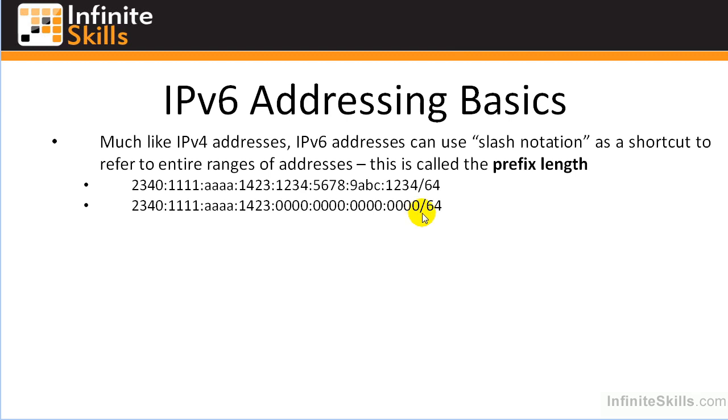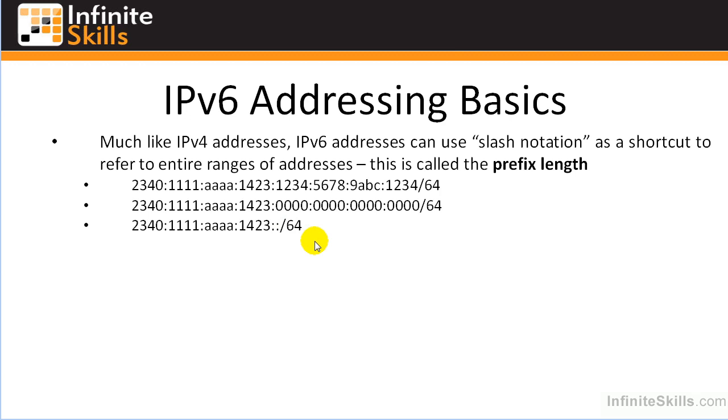And that is your global routing prefix, 2340:1111:AAAA:1423. However, since all of these are zeros, we can actually abbreviate that even further by saying that the global routing prefix is that. So you'll notice that we have the first 64 bits and a double colon to say the rest of it from here on out is all zeros.